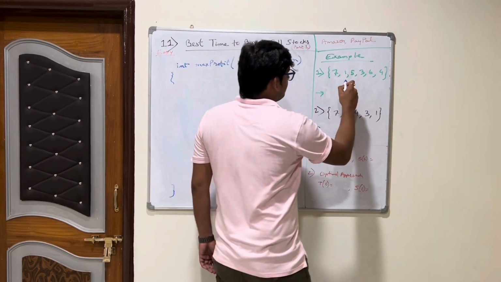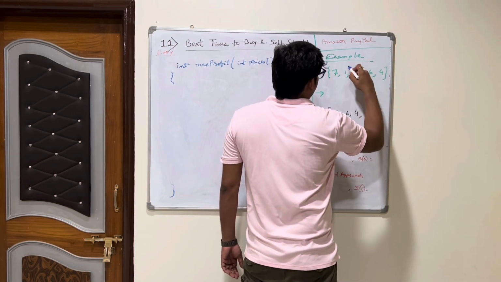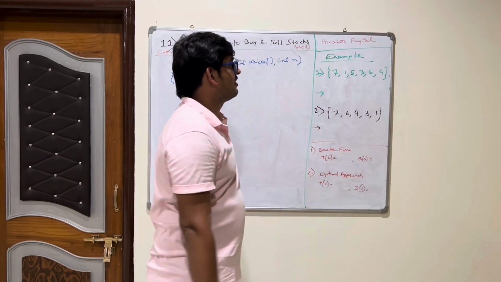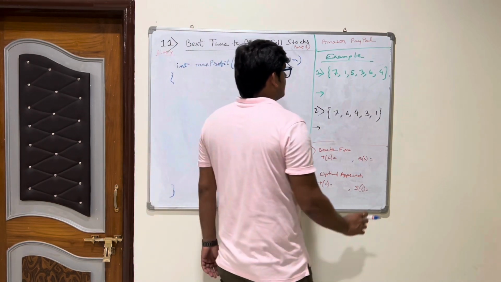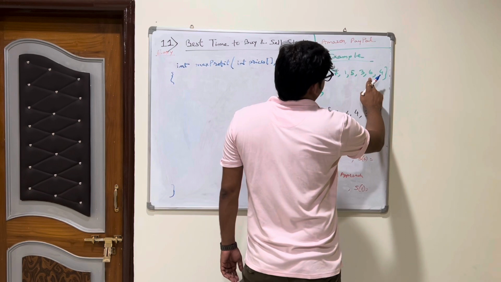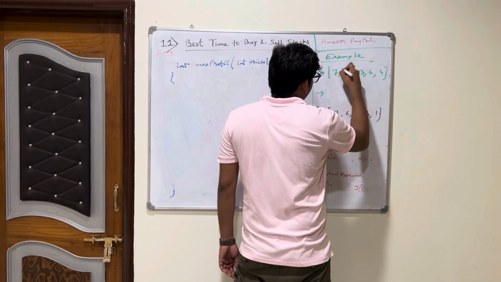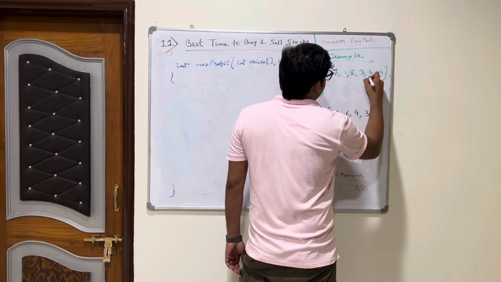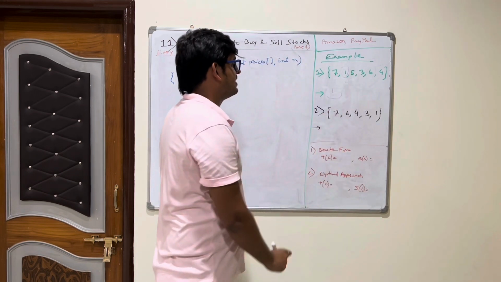So we see that if we buy on day 2 and sell on day 5, then our profit is 5, that is the maximum till now, right? If we buy on day 5 and sell, then we can have a profit of 1 only. So the answer here is, if we buy on day 2 and sell on day 5, our profit would be 5. This would be the answer.